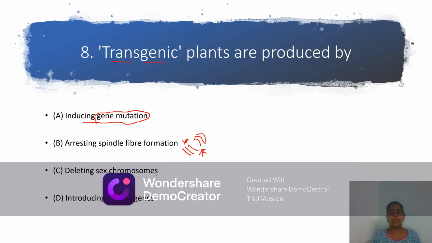If you are deleting the sex chromosome, what will happen? The characteristic feature of the plant itself is going to change. The fourth one, introducing foreign genes. Of course, correct. So transgenic plants are produced through the introduction of foreign genes. Fine.